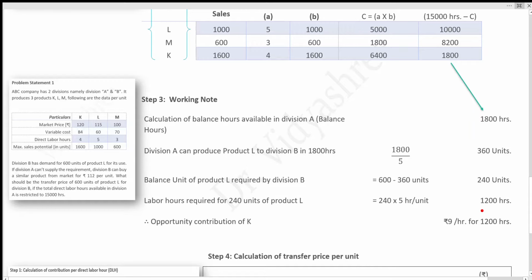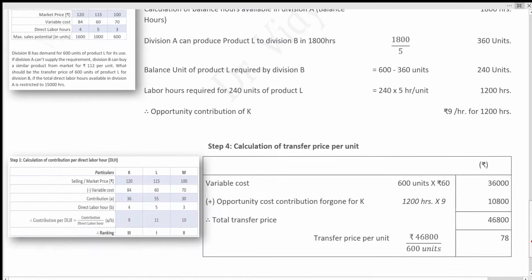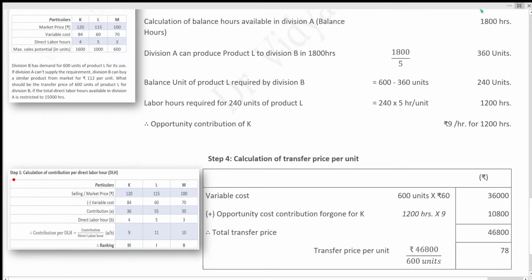Since it is shortage, we are going to borrow from the other product. Let's see from which product it is going to borrow. As you can observe here, if we borrow from others, it's nothing but the opportunity contribution of the other product. So you can observe very carefully over in this step. So you have calculated the first step, that is calculation of contribution per direct labor hour. In that we have calculated the contribution. If you can observe here, we have given the ranking also.